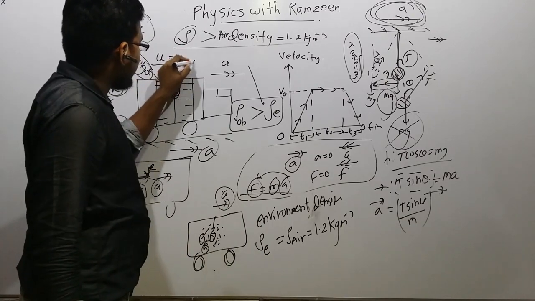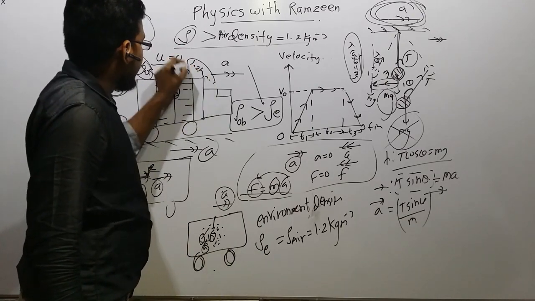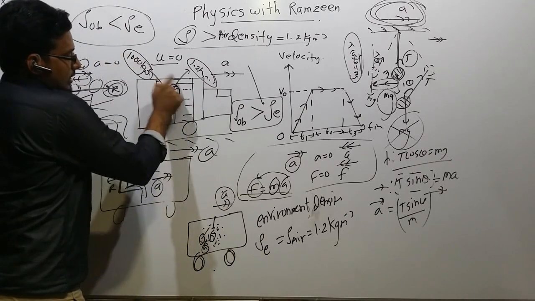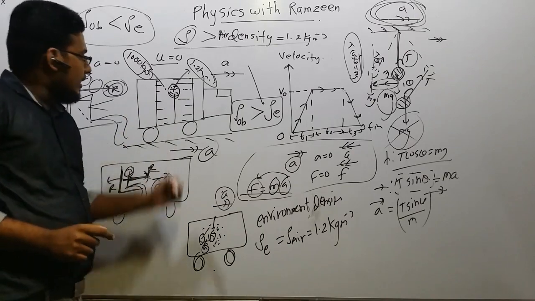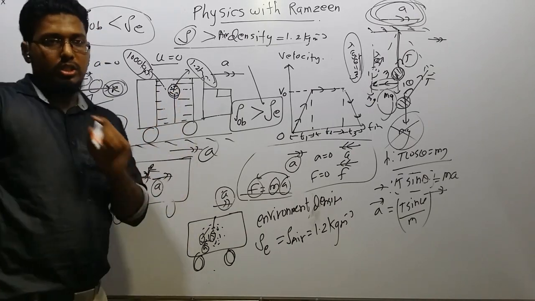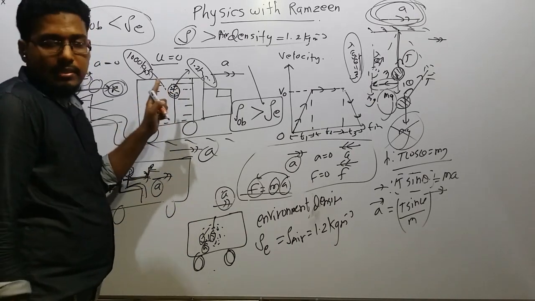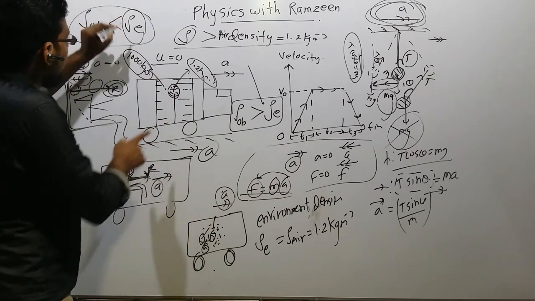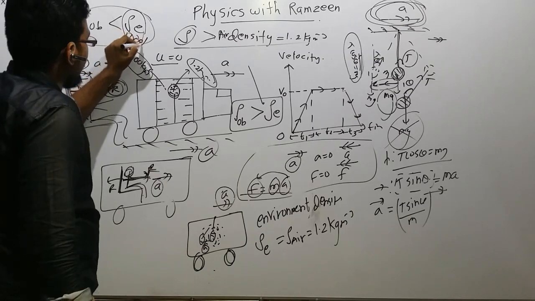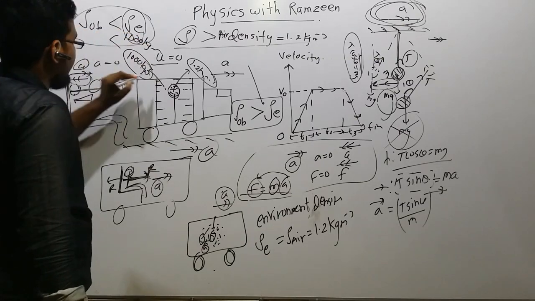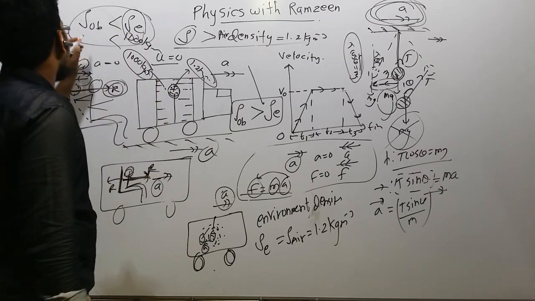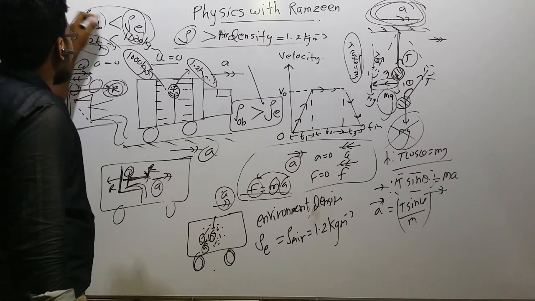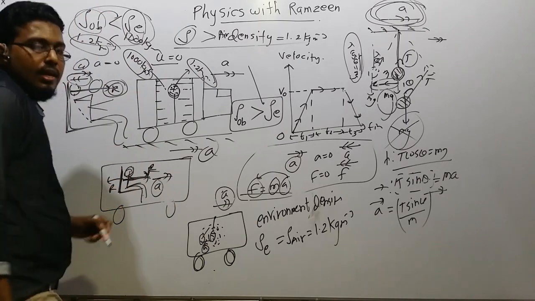The air density is 1.2 kg m^-3. Here the surrounding or environment is water, and the object or particle is air. So the environment density is 1000 kg m^-3 and the object density is 1.2 kg m^-3. Then I can say the object density is lesser than the environment density.